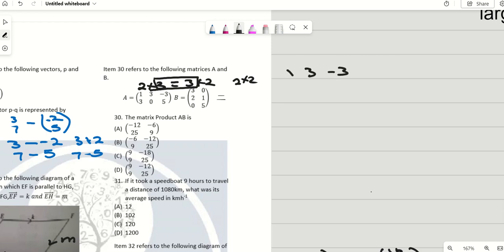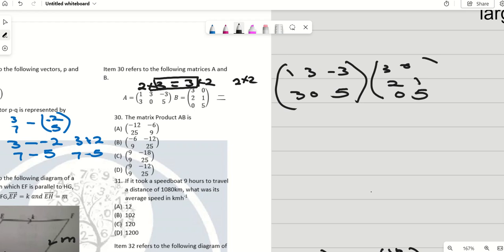1, 3, minus 3, 3, 0, 5, right? By 3, 0, 2, 1, 0, 5. So it is 1 multiplied by 3. Remember, it's row by column, okay? Plus 3 multiplied by 2 plus minus 3 multiplied by 0.